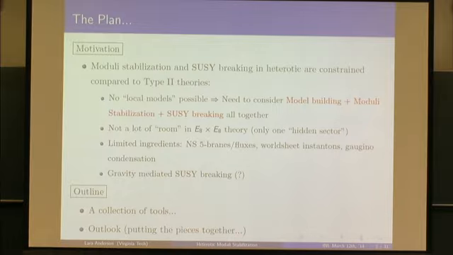Also, compared to type 2 theories, in which you can have sort of a tinker-toy approach of putting things together, you can do model building on one stack of D-branes and moduli stabilization, the supersymmetry breaking in other places. There's not a lot of room in an E8 × E8 heterotic theory. There's really only one hidden sector. For example, if you want to build a standard model in one E8, you really only have one other place to put tricks.